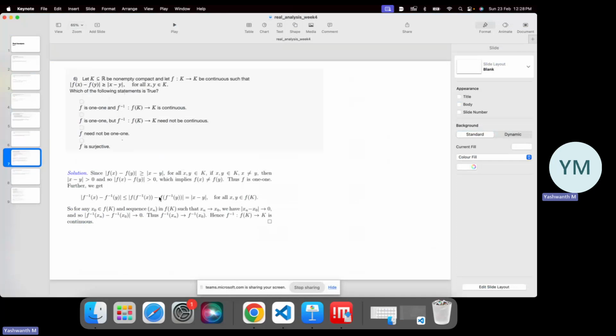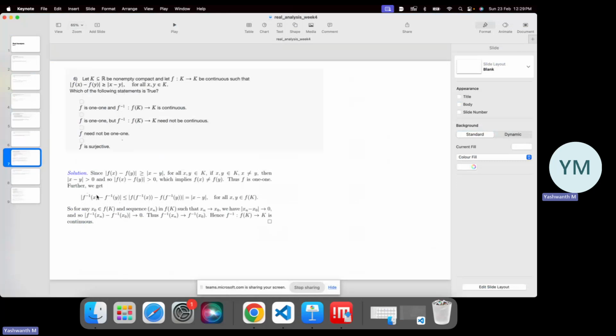And further, we have f inverse of x minus f inverse of y. These are points in the domain, for x and y belonging to the codomain part. So this is |f(f inverse x) - f(f inverse y)|, which is nothing but |x - y|. This follows from the statement that |x - y| is less than or equal to this.